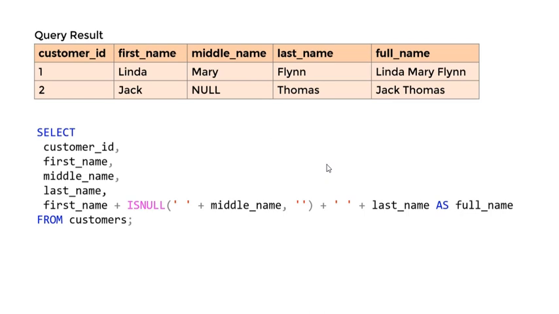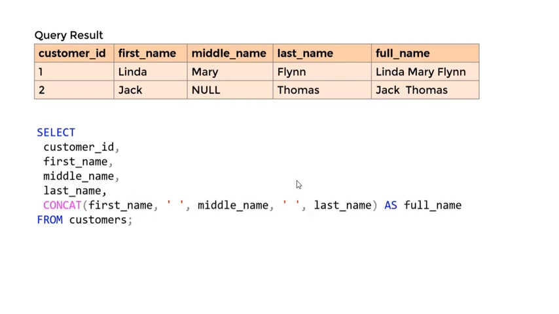Even if there is a null middle name. Another way that we can concatenate strings together is by using the CONCAT function, other than the plus operator. Let's see. CONCAT first name, space, middle name, space, last name as full name.